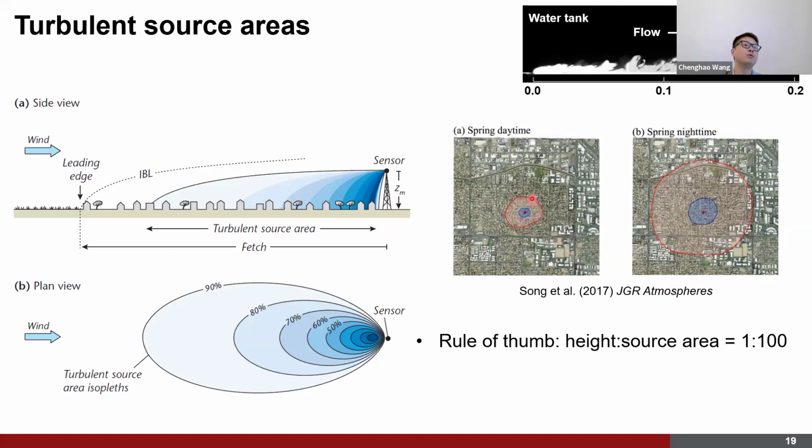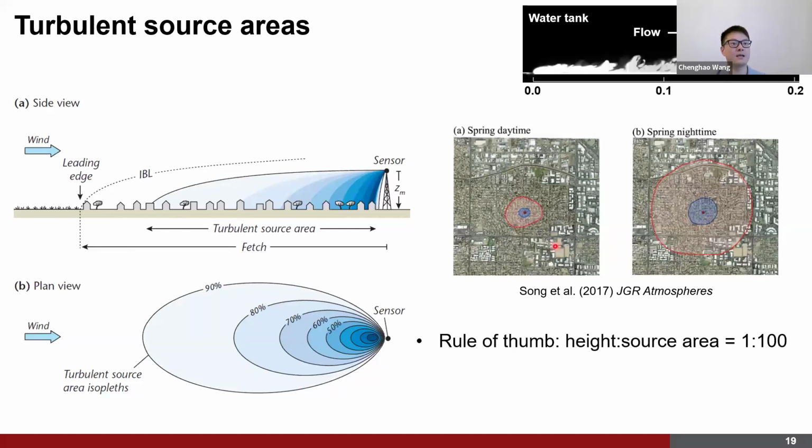And the red shaded area is the 90% source area. And the blue one is, I think I don't have the label here, but I think it's 50% or 30%.